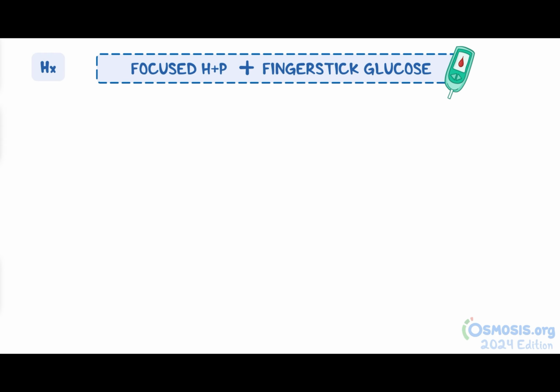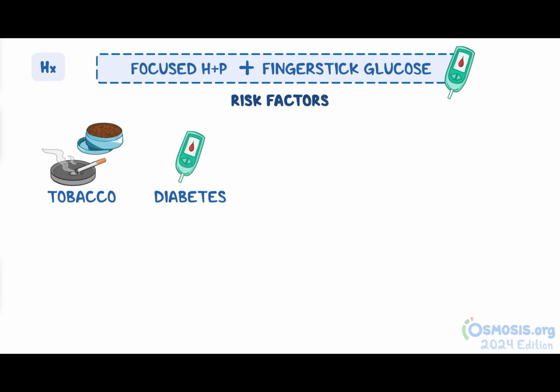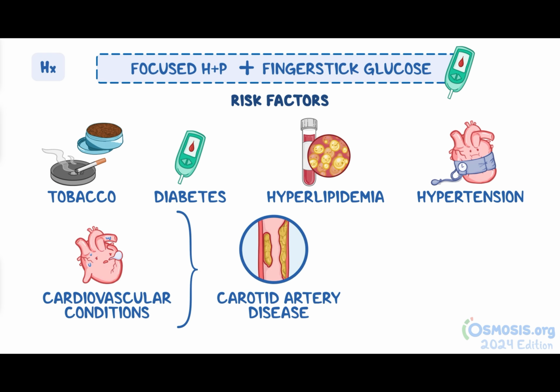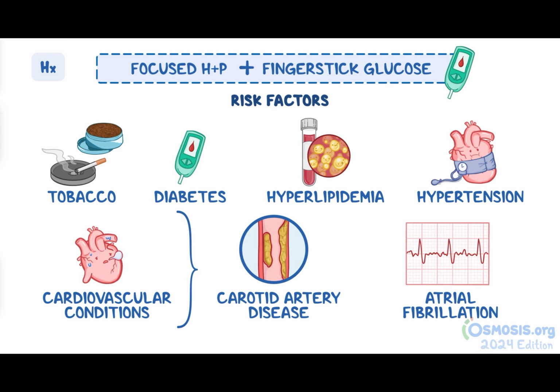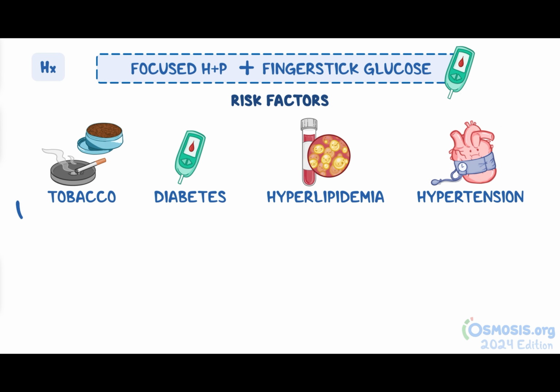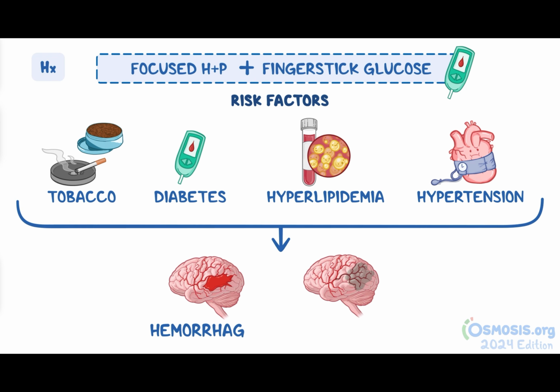Next, history might reveal risk factors such as tobacco use, diabetes, hyperlipidemia, hypertension, and cardiovascular conditions like carotid artery disease and atrial fibrillation. Keep in mind that risk factors like tobacco use, diabetes, hyperlipidemia, and hypertension are associated with both hemorrhagic and ischemic strokes.